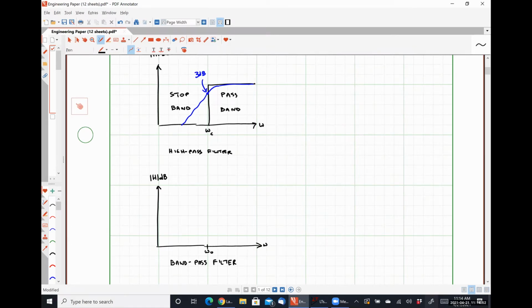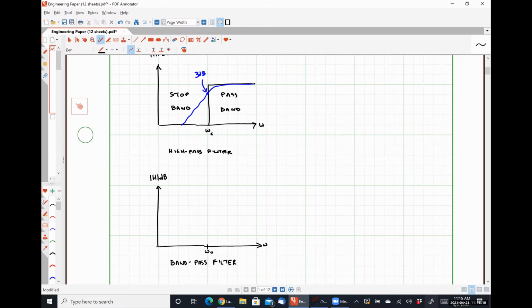And spoiler alert, this omega naught is effectively the exact same omega naught we were talking about when we did transient analysis of RLC circuits. It is the resonant frequency of the filter. It is the frequency at which all of the capacitive and inductive reactances cancel each other out. So everything looks purely real.